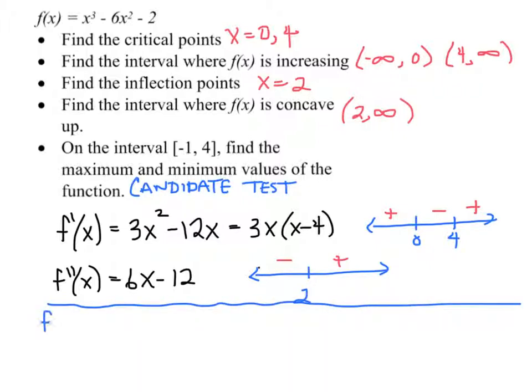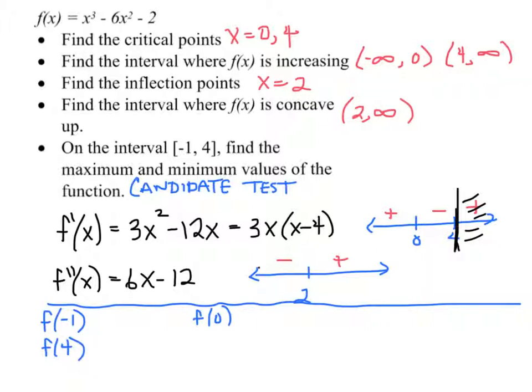We're going to plug in negative 1 and 4 into my original function, and we plug in the critical points, and you'll notice one of them is 4. So on our interval, this is the end. We're not including any of this stuff over here, but we should plug critical points and endpoints into our original function and see which gives the largest and smallest values.